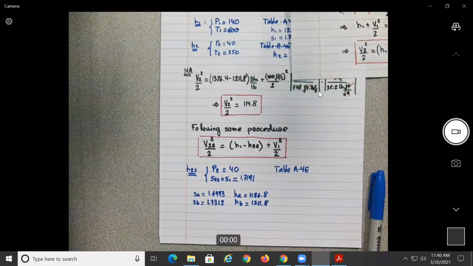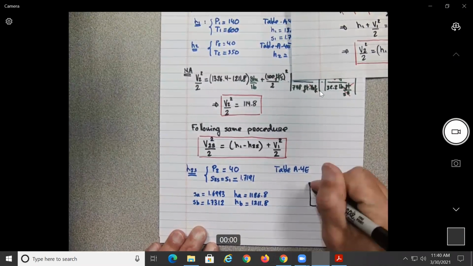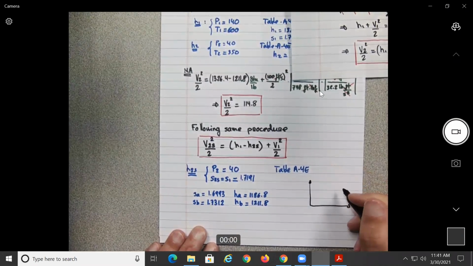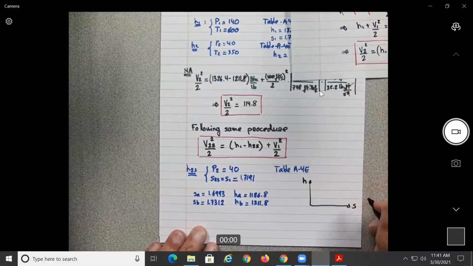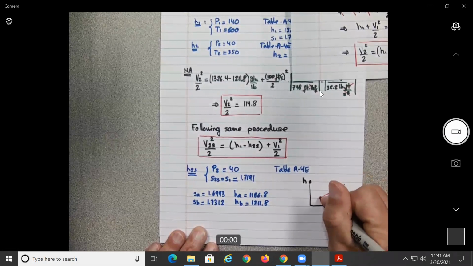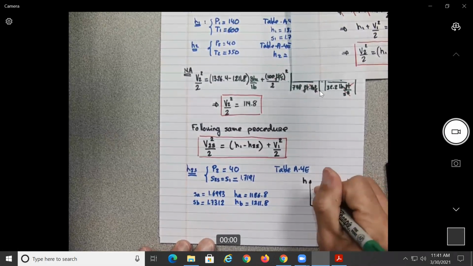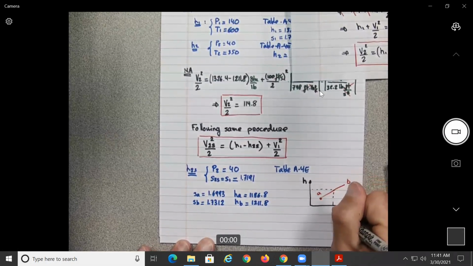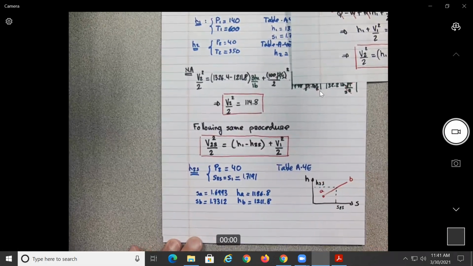So again, we know that we need to interpolate. By now, I hope you don't need this figure, but what do we need to find? H. So you put the H on the Y axis. Here is what we know. We go between A and B, to H2S, that will be over here. So that should give us what?